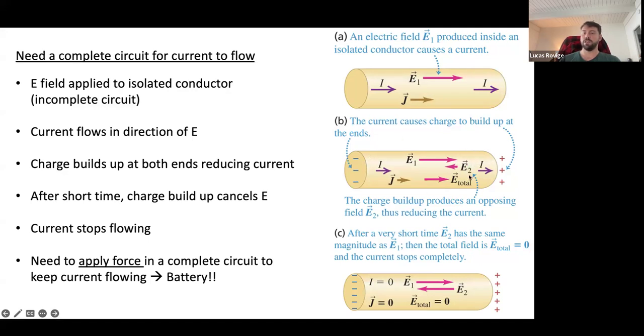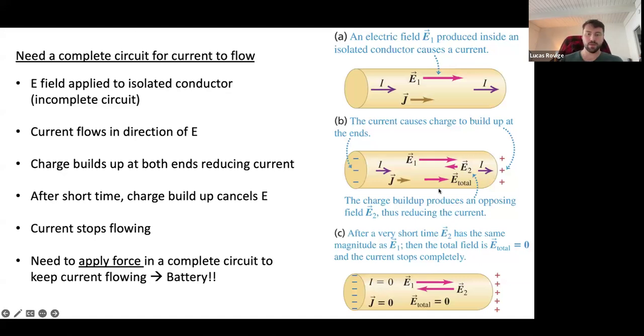Electrons basically are going to move against the electric field. This charge buildup creates an electric field E2 that opposes the first one, E1. But as long as E2 is smaller than E1, so as long as the charge buildup is not strong enough, electrons keep being accelerated in that direction and build up on that side, increasing E2 up to the point where E2 and E1 are equal, and there's no net electric field inside, and therefore no motion, no current, and no charge flow in the system.